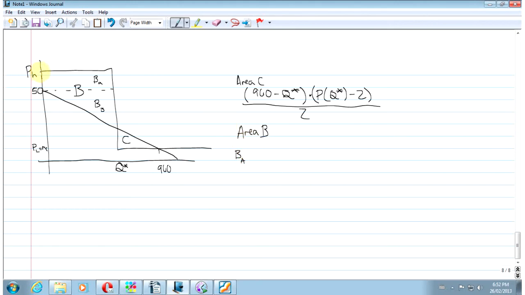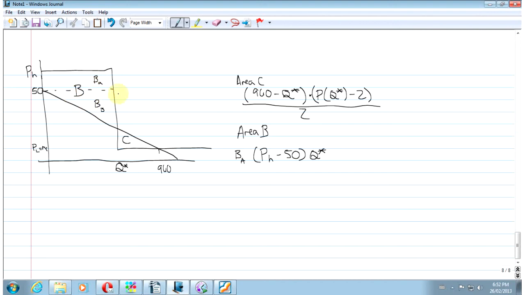That's just the difference in the two prices, the high price and the maximum willingness to pay, times Q star, which is why I like graphing, because it really shows you things pretty conceptually. So I get the area above the maximum willingness to pay for the number of units that the person buys.